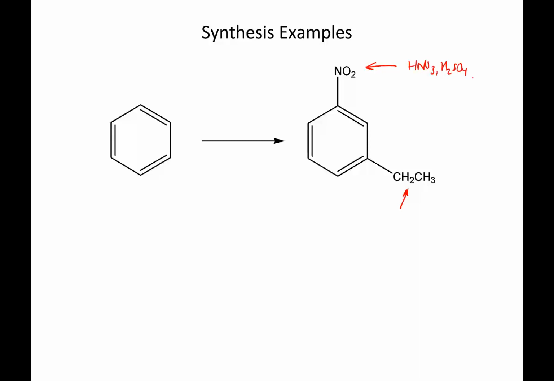And how would I add an ethyl group? What do I want to use? ClCH2CH3 and then AlCl3. So I want to do Friedel-Crafts alkylation on that one. So that's the first thing you need to know: what reagents do I add?